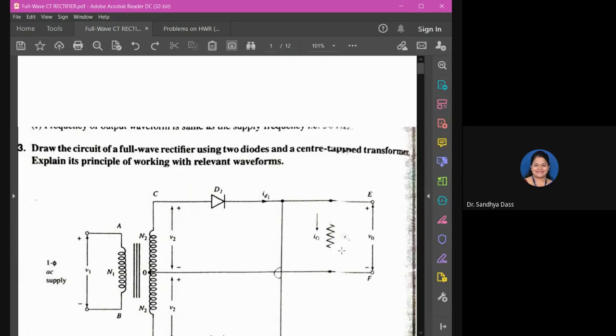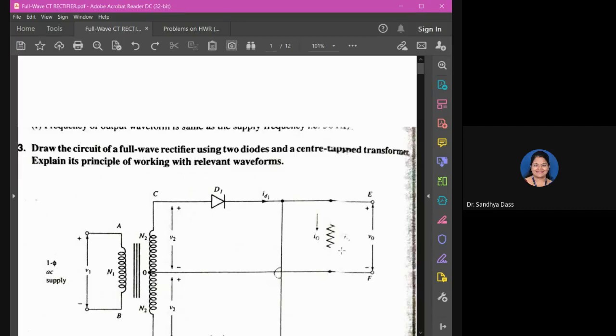If we increase the number of diodes that we use in the circuit, then we can adjust the circuit in such a way that even in the negative cycle we can get the output, in both positive as well as negative cycles.